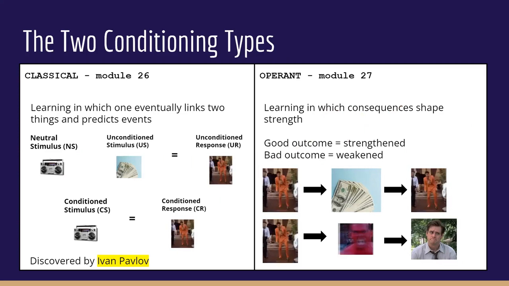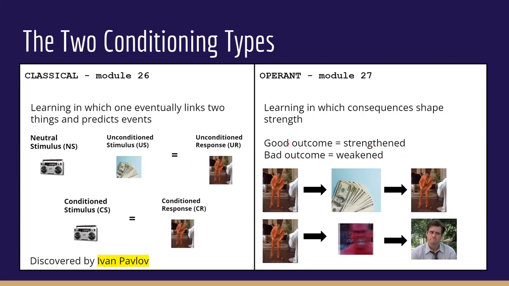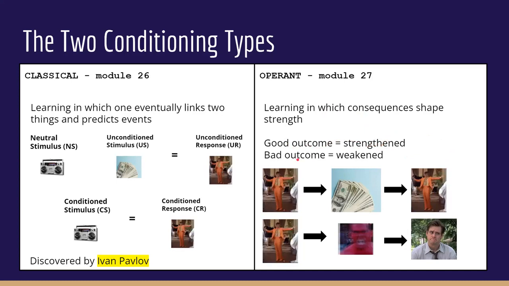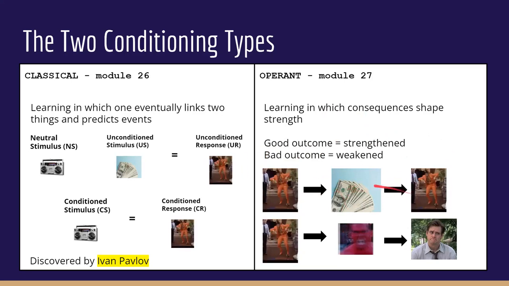If there is a good outcome, then the behavior is strengthened. If it's a bad outcome, then it's weakened. So let's say Jim Carrey dances, just for no particular reason. He just happens to be. And then he gets money. Then he's going to keep doing it. That's what it's like in operant conditioning.